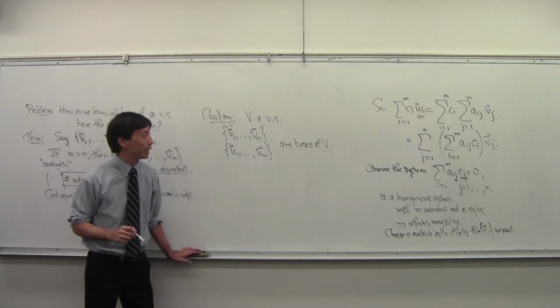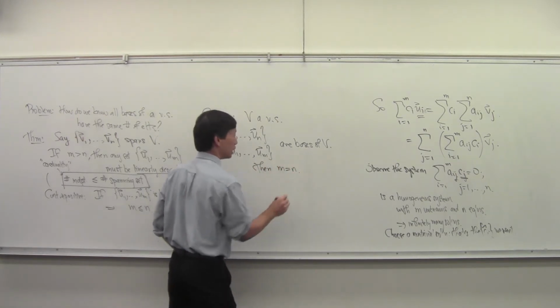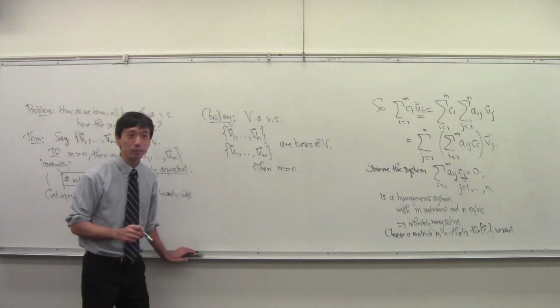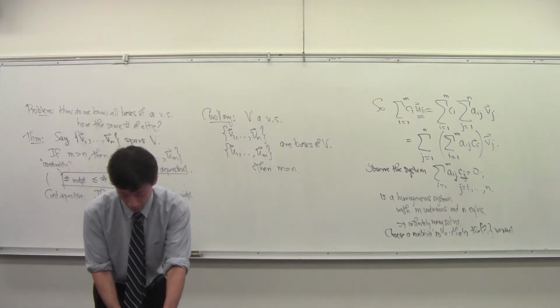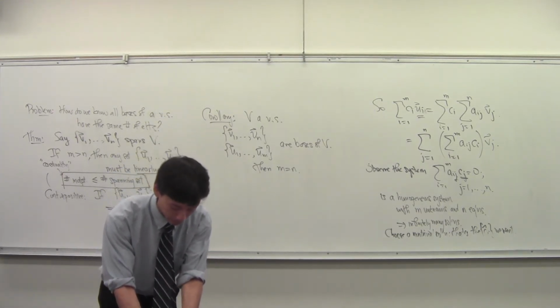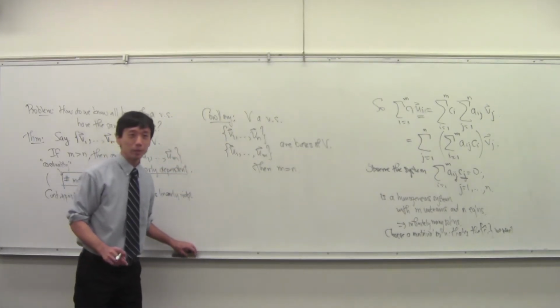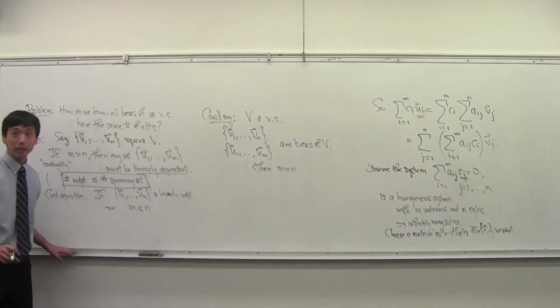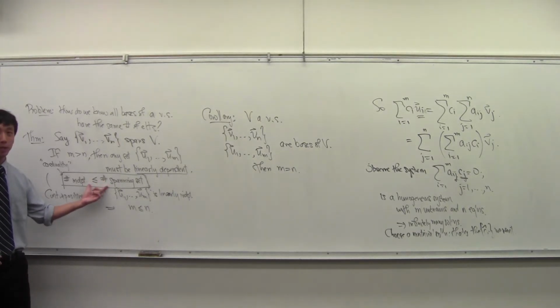Suppose you have two bases of V. Then m and n must be equal to each other. Does anybody see how that follows from what we just proved, that a linearly independent set's cardinality must be less than or equal to that of a spanning set?